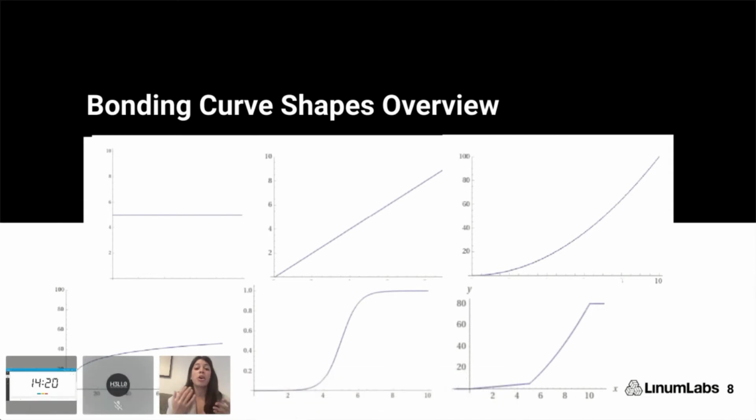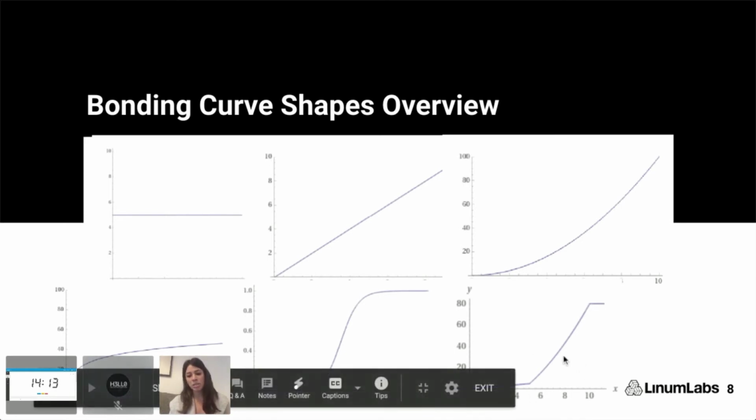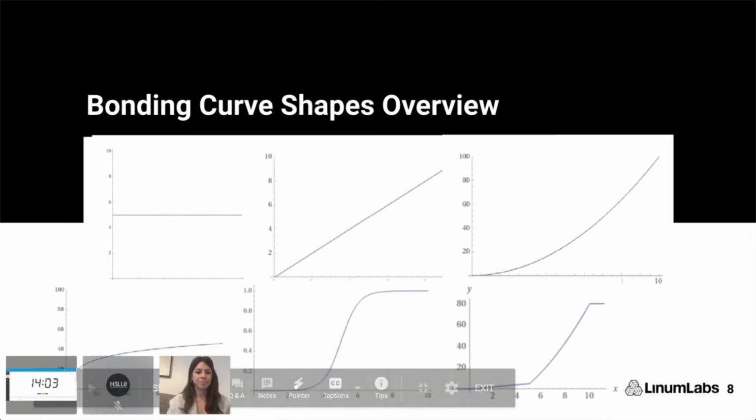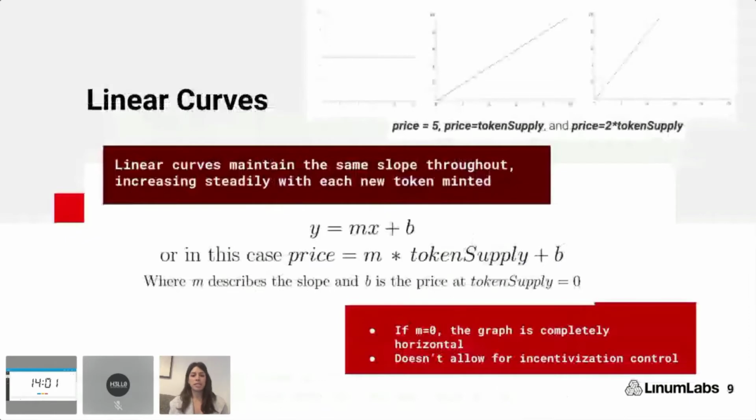And then it increases very, very rapidly until it reaches its ceiling where it stabilizes out again. And then the last one here is the piecewise curve. And this one can't be defined by a simple type of function, but essentially it is made up of different equations along different intervals.